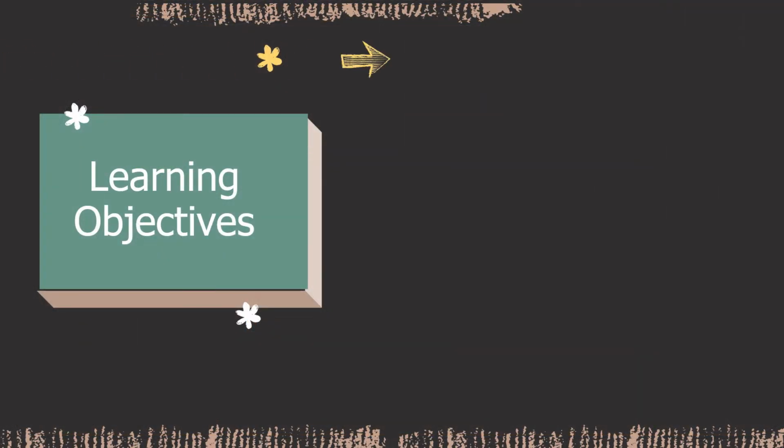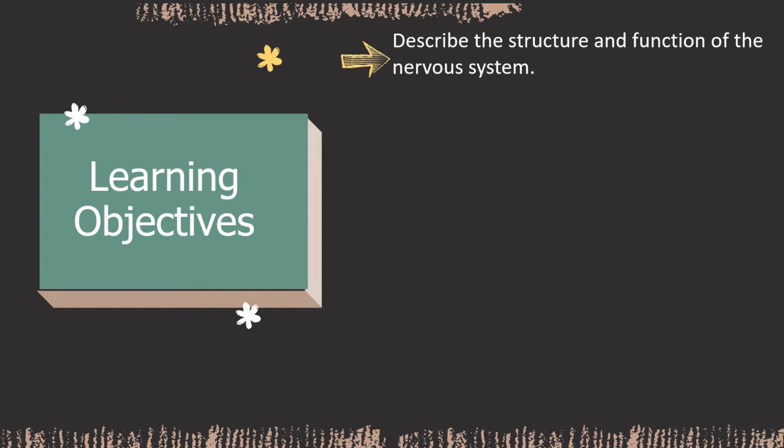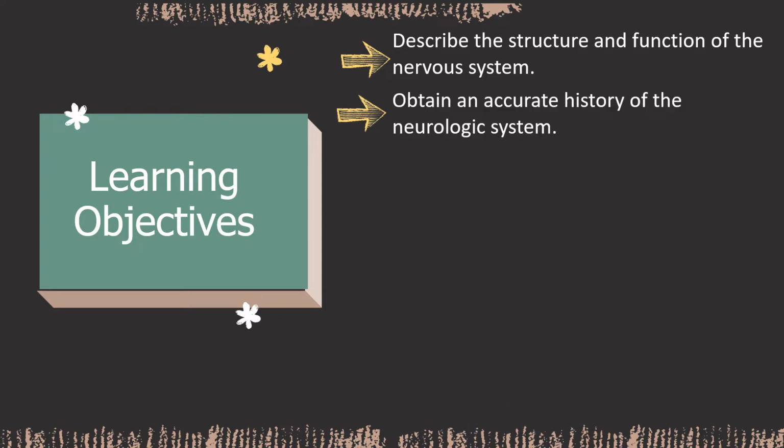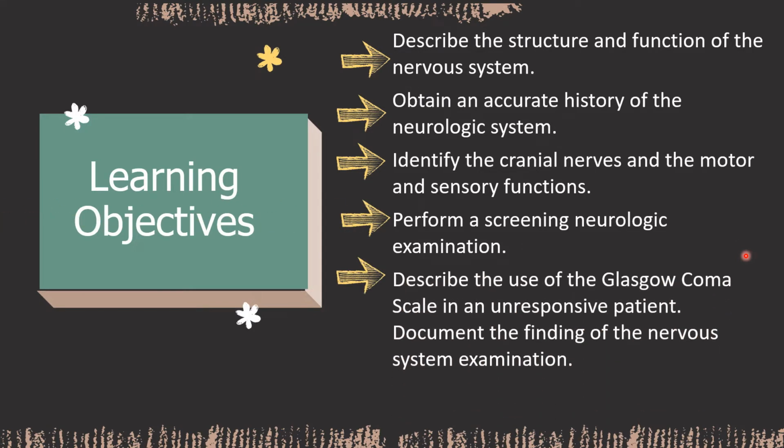These are the learning objectives of this presentation. At the end of the discussion, the student will be able to describe the structure and the function of the nervous system, obtain an accurate history of the neurologic system, identify the cranial nerves and the motor and the sensory function, perform a screening neurologic examination, describe the use of the Glasgow Coma Scale in an unresponsive patient, and document the findings of the nervous system examination.